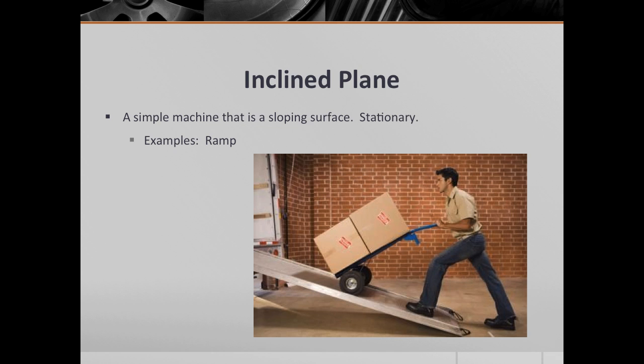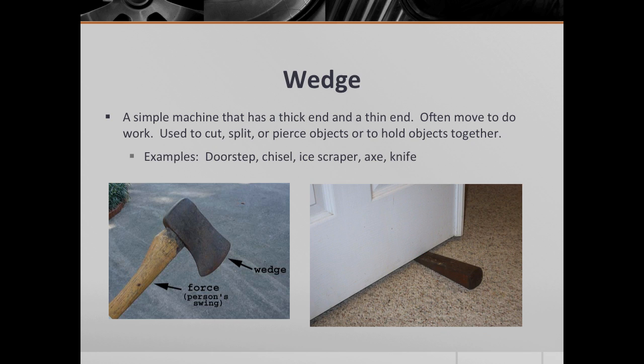An inclined plane is a simple machine that is a sloping surface. It's stationary; it won't move. Examples include a ramp. A wedge is a simple machine that has a thick end and a thin end, often moved to do work, used to cut, split, or pierce objects or to hold objects together.